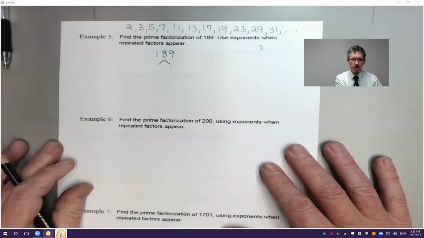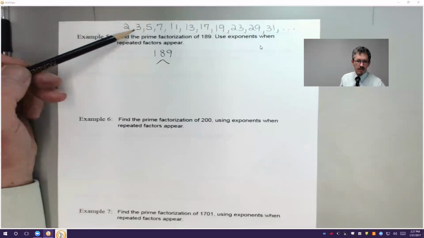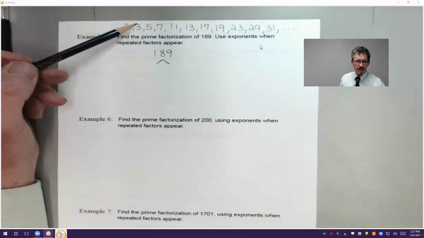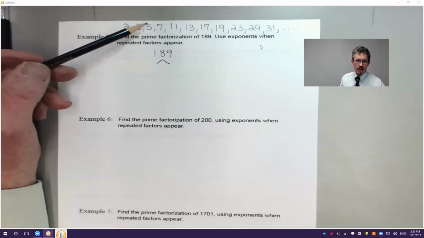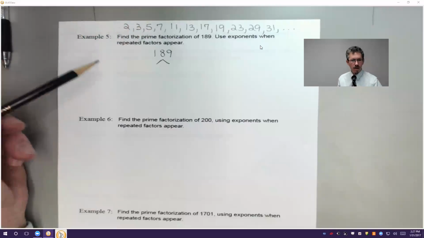We want to start out trying to divide by the smallest prime number, and then if that doesn't work, go on to 3, and then go on to 5, and so on and so forth.